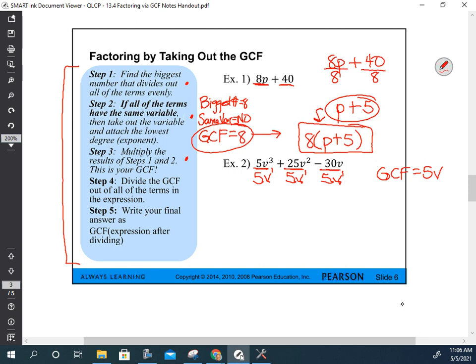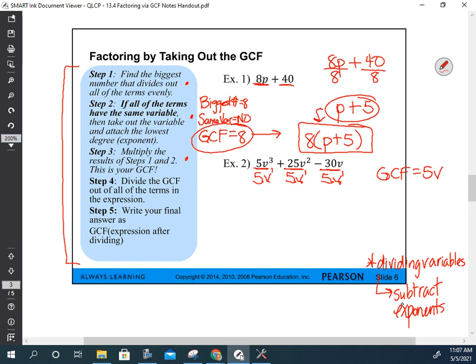So now we're going to divide everything up. So 5 divided by 5 is still 1. For the variables, remember, when you're dividing variables, you subtract the exponents.